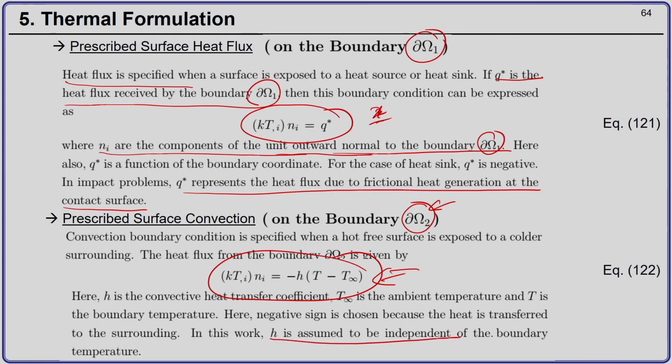Here we assume that h is the convective heat transfer coefficient and it is independent of the temperature, and T infinity is the ambient temperature which always remains constant, and T is the boundary temperature. And this negative sign is chosen because heat is transferred to the surrounding. We assume that T will be greater than T infinity, therefore, the heat goes outside the boundary.